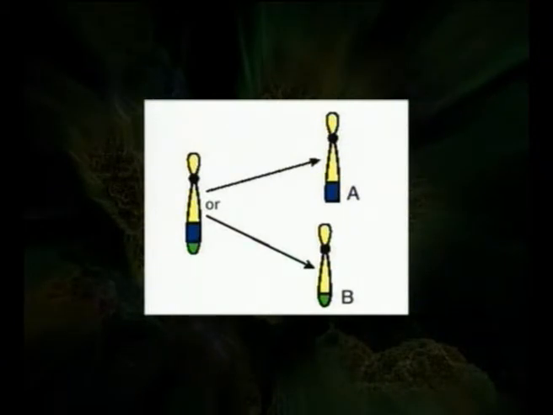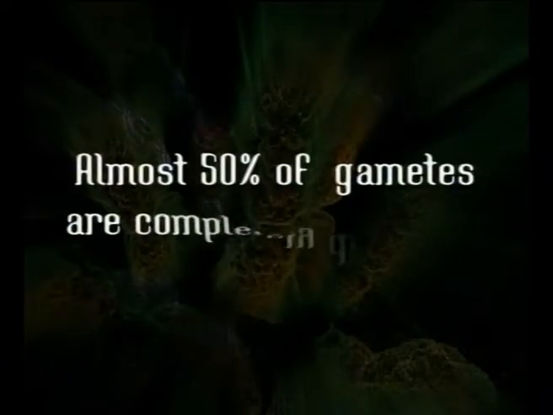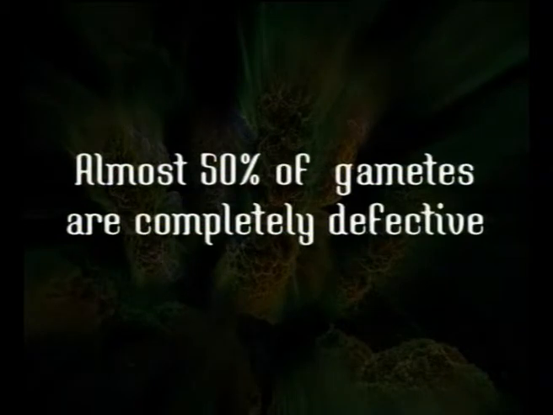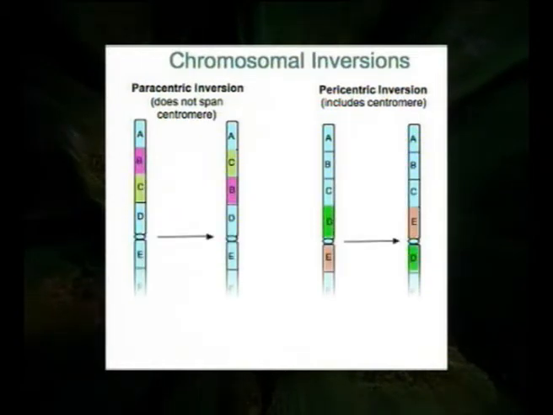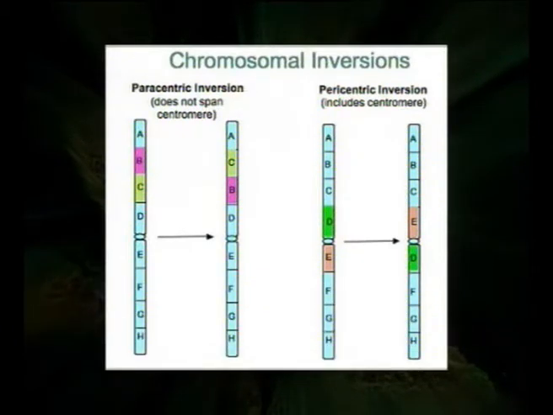Here also you will find that almost 50% of the gametes are completely defective as far as pericentric inversion is concerned. In short, both these paracentric as well as pericentric inversions have serious consequences with respect to their meiotic behavior as well as their breeding behavior.